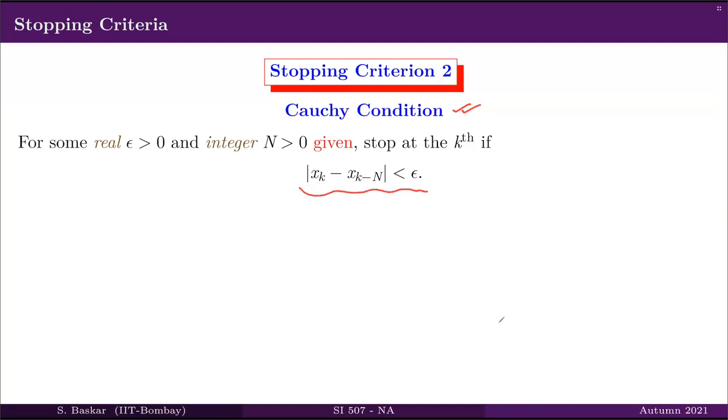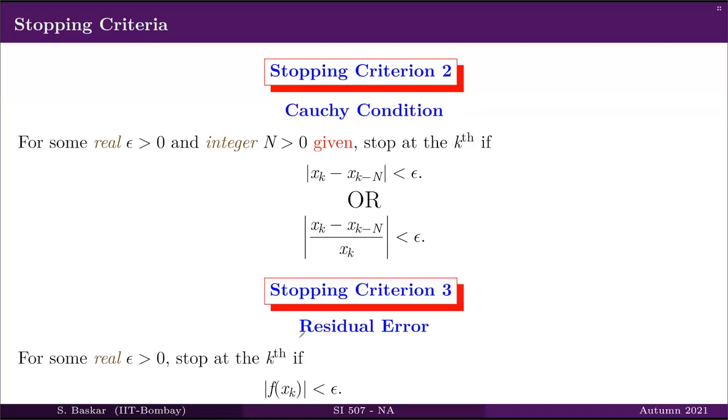See, this is the Cauchy condition, if you recall from your real analysis course. This is one possibility. Or alternatively, you can also use this condition, right? This is something similar to the relative error. Any of these two is perfectly okay to use as a stopping criteria.